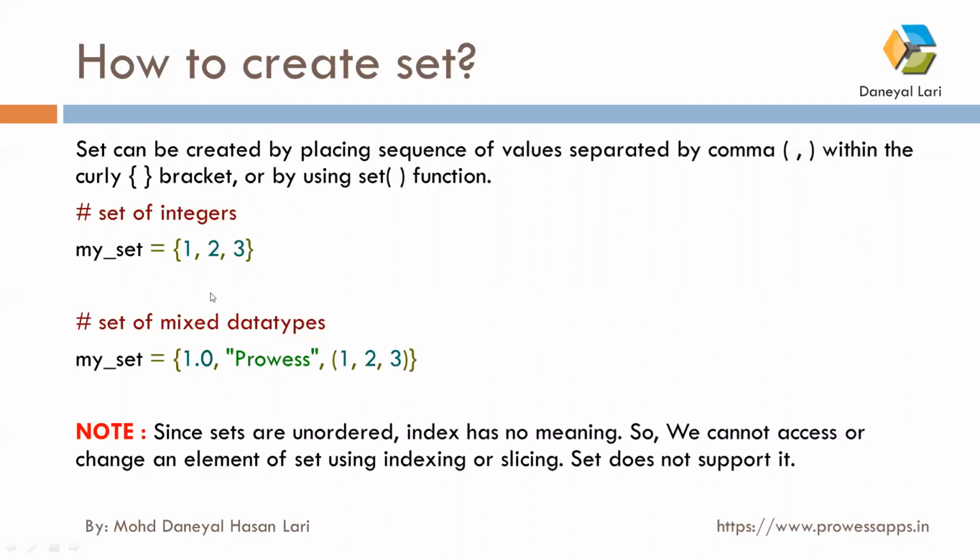Suppose you are adding elements and thinking that this will be at index 0, this at index 1, and this at index 2. It is not like that, because sets are unordered collections of elements. So we cannot access or change the elements of a set using indexing or slicing. Set does not support it.